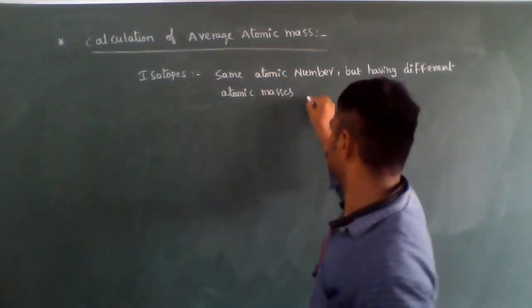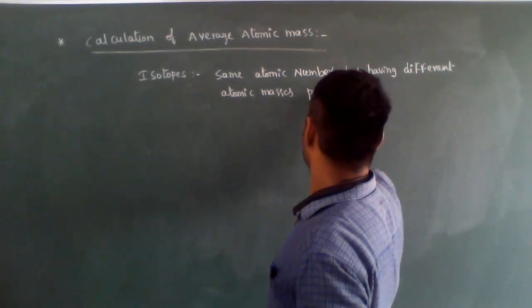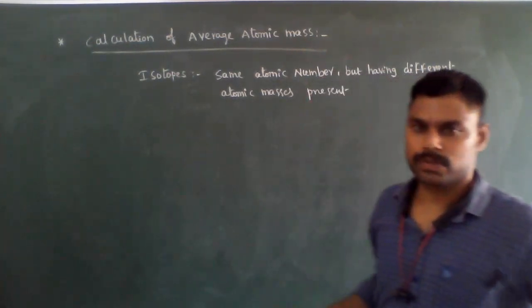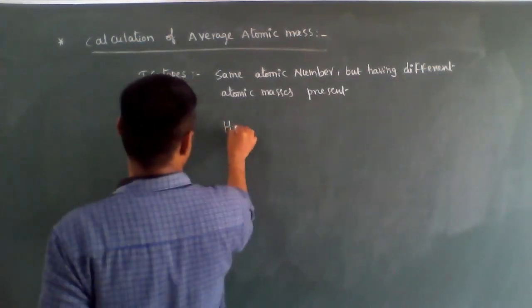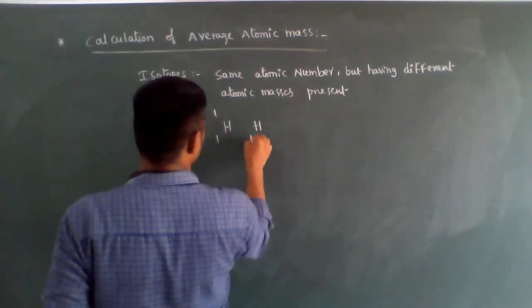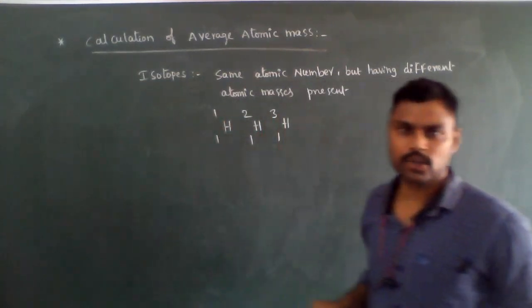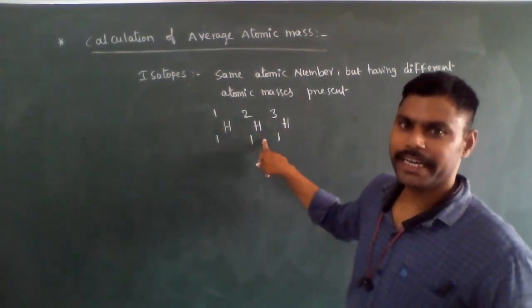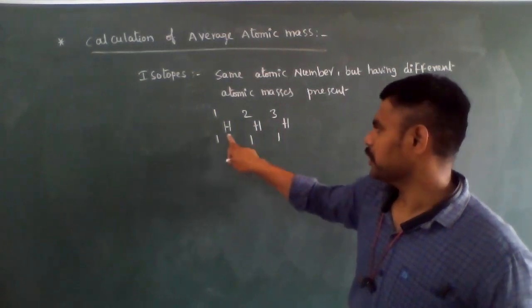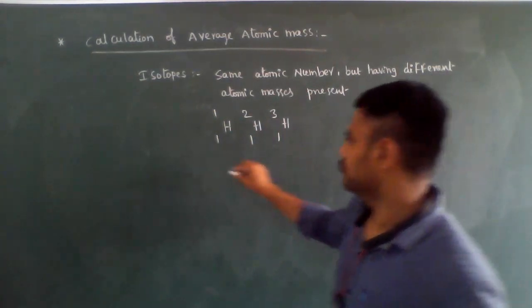Such atoms are called isotopes. For example, hydrogen: H11, H12, H13. So hydrogen exists in 3 isotopic forms: protium, deuterium and tritium. This is one example.